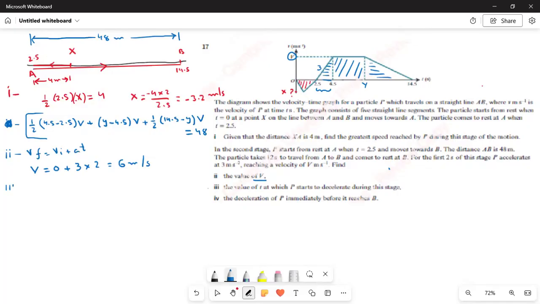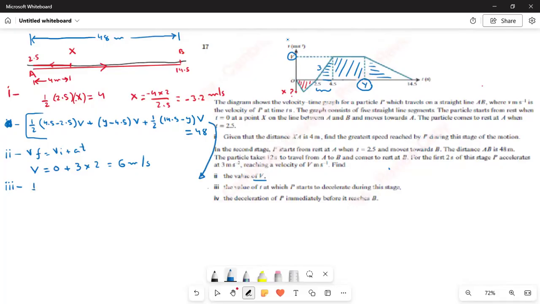Now for part 3, the value of t at which P starts to decelerate. So now we have to find the value of Y basically. Y is the time when it starts to decelerate. So now I will use this equation which I wrote over here. Let me repeat this equation here.